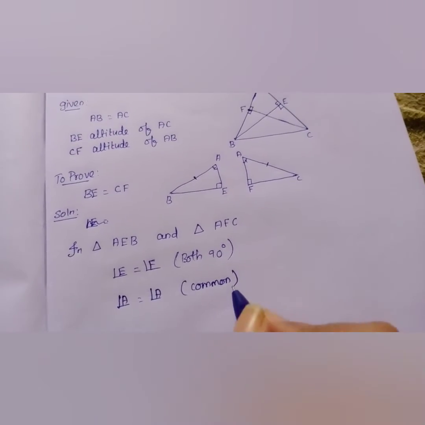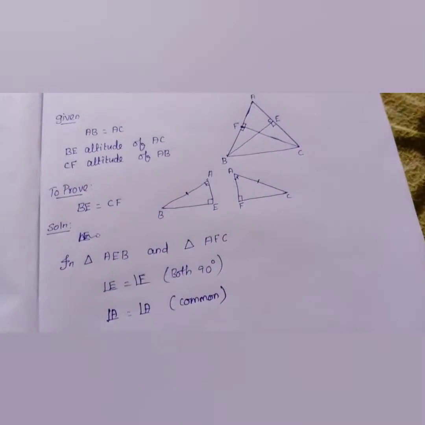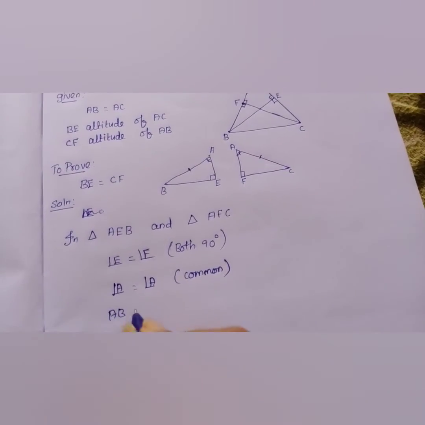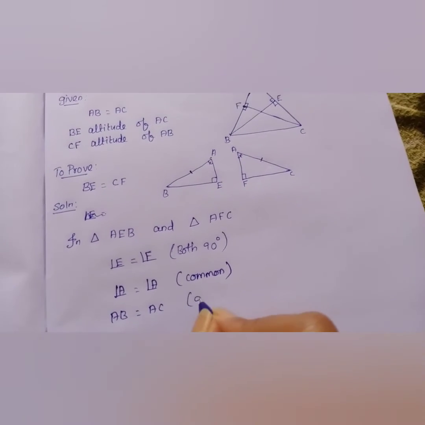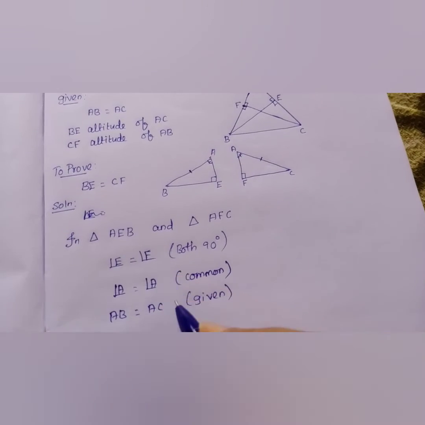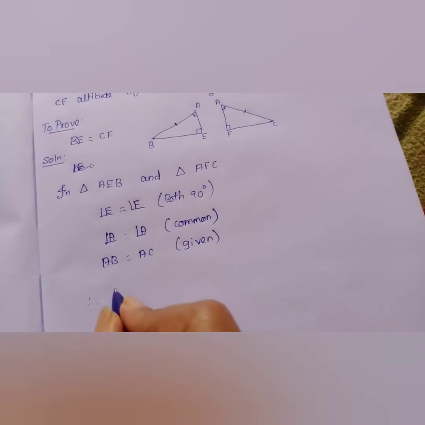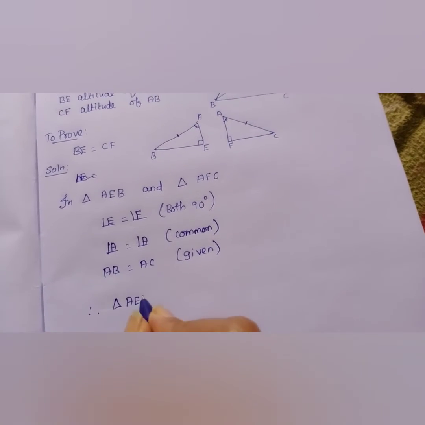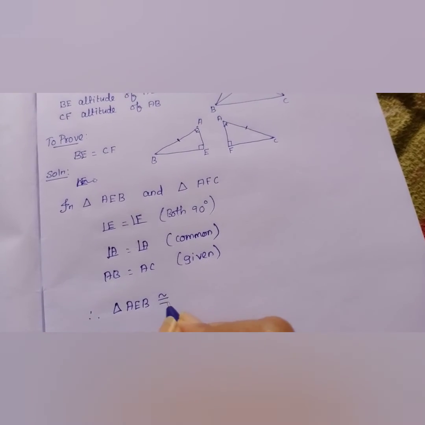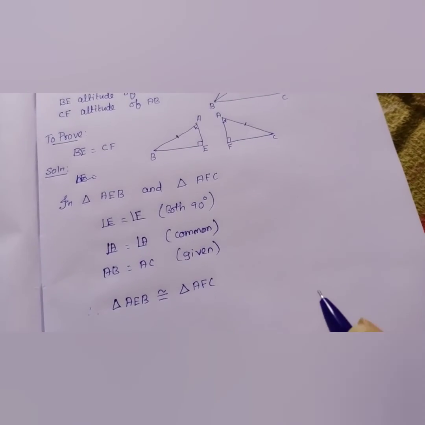Then the next one, AB equal to AC, which is from the given. So let me mention that AB equal to AC, given. Now we can say triangle AEB and triangle AFC are congruent. Therefore, triangle AEB is congruent to triangle AFC by the rule.